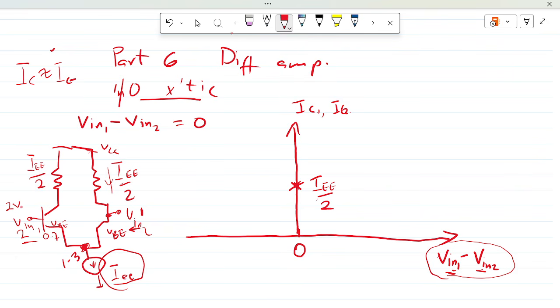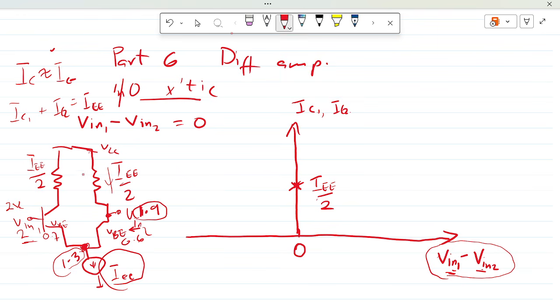Assuming we had 2 volts here and 1.9 here, then we do the same analysis. This time around the base emitter voltage will be 0.6, which means that one condition that should always hold is IC1 plus IC2 should be equal to IEE.